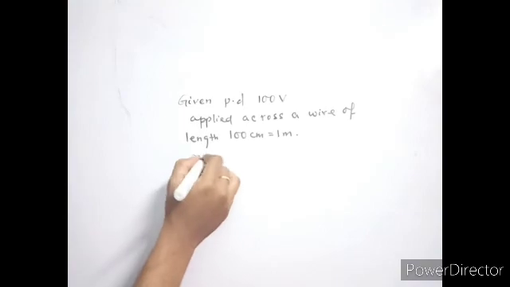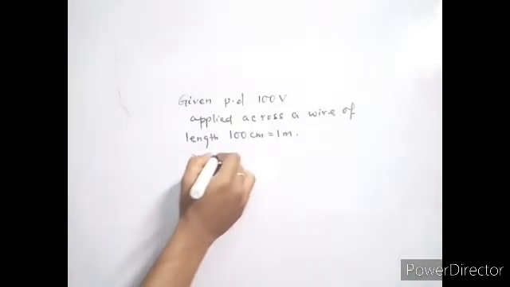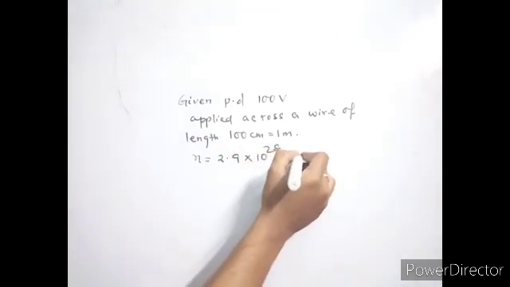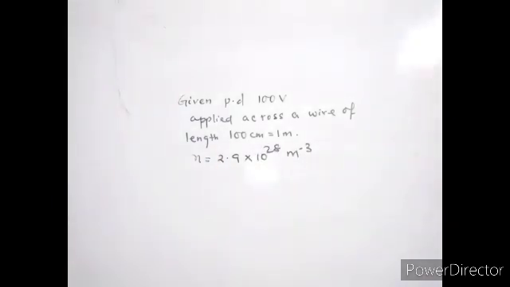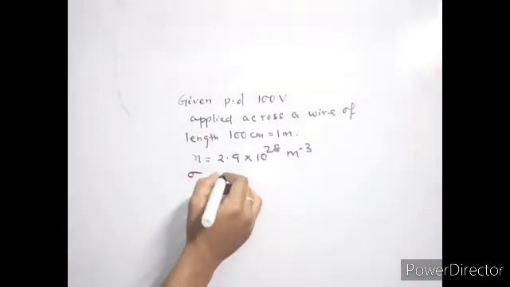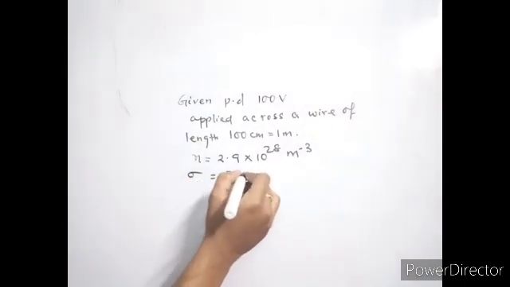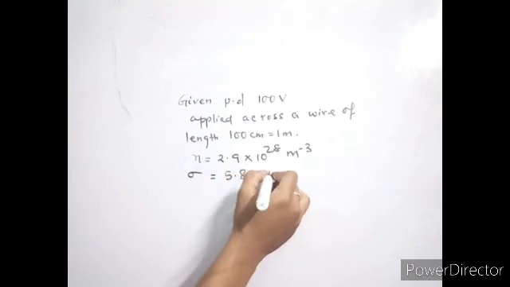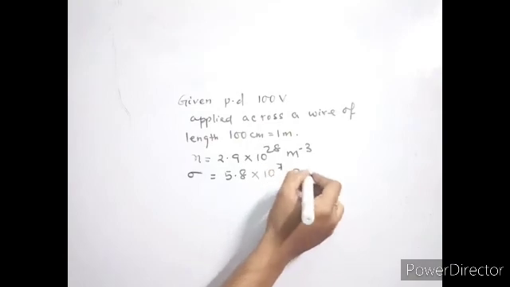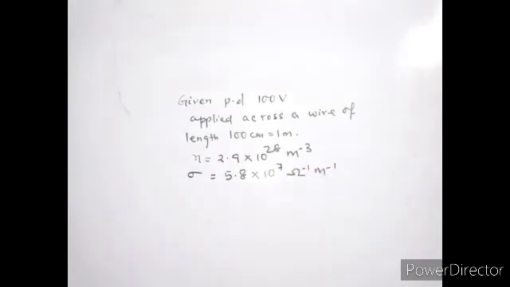Again we've been given the number of electrons per unit volume, that is equal to 2.9 times 10 to the power 28 per meter cube. And we have been given the conductivity of the material of the wire to be equal to 5.8 times 10 to the power 7 ohm inverse meter inverse.